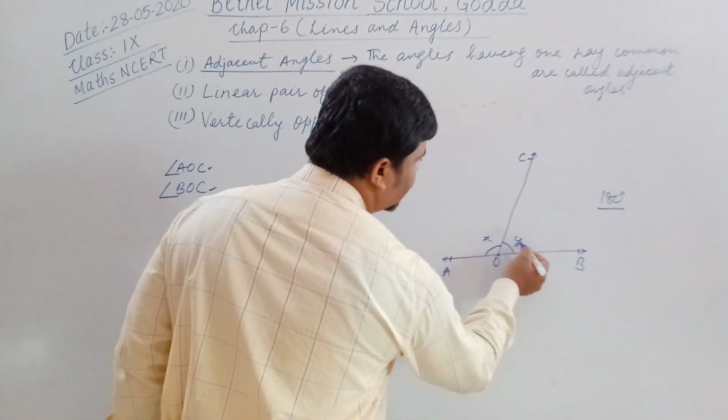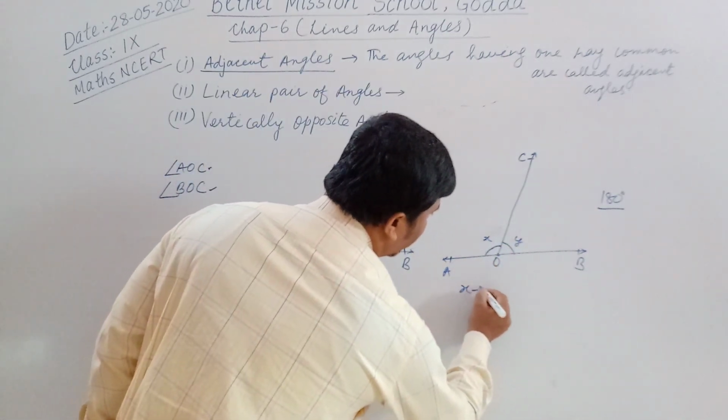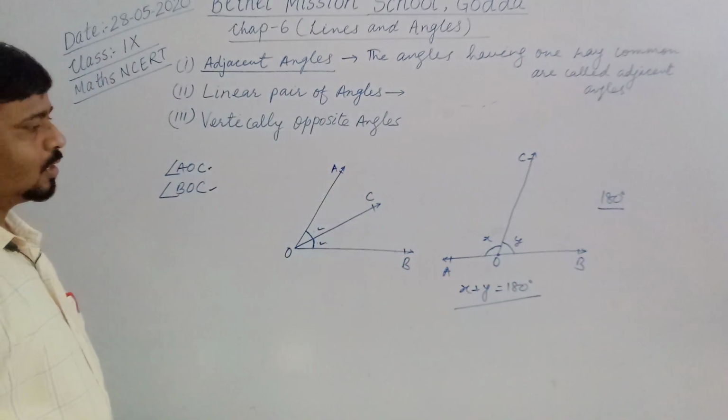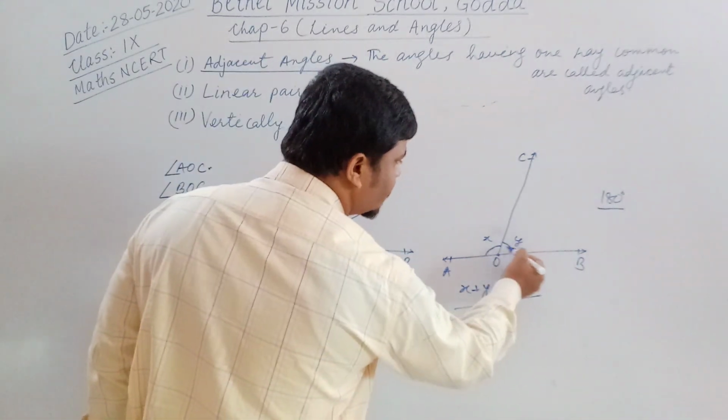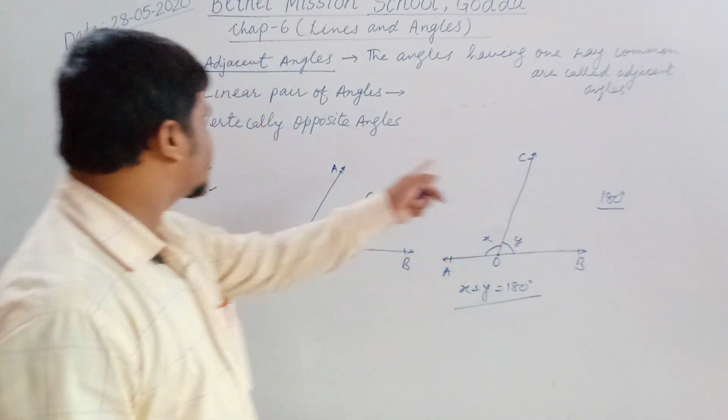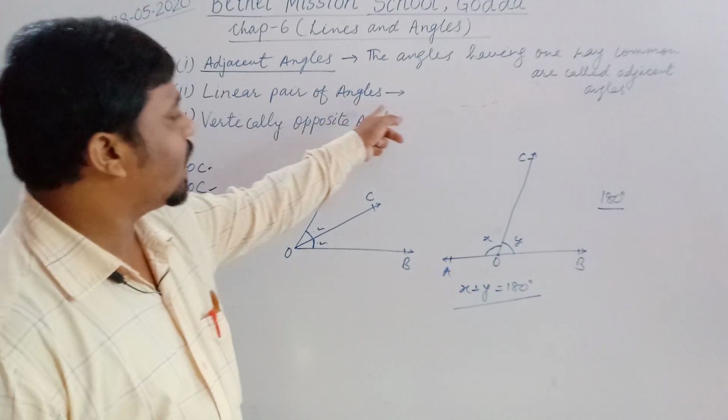So the sum of X degree and Y degree will be 180 degree. That's why this type of pair of angles is called a linear pair of angles.